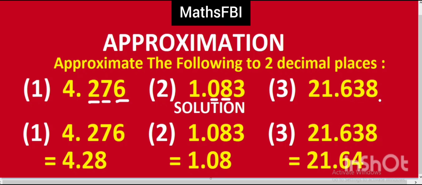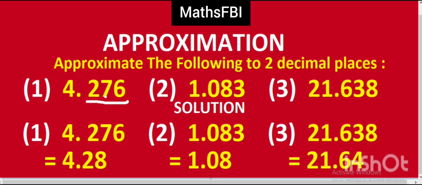So what we are requested to do is to approximate each of the numbers to 2 decimal places. And like I said, we want to approximate these 3 into 2, which means we should be left with this and this.